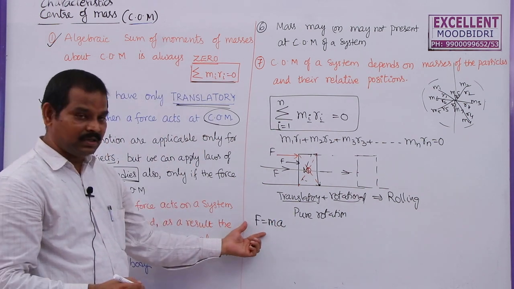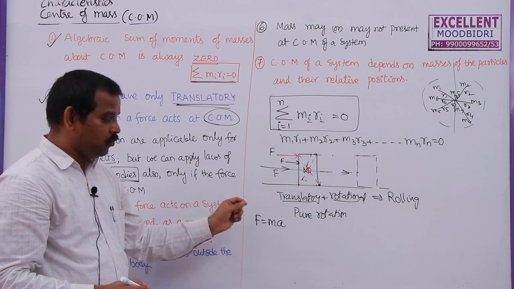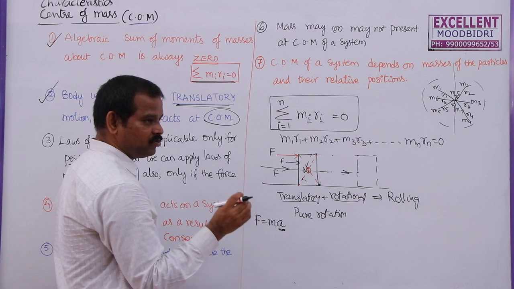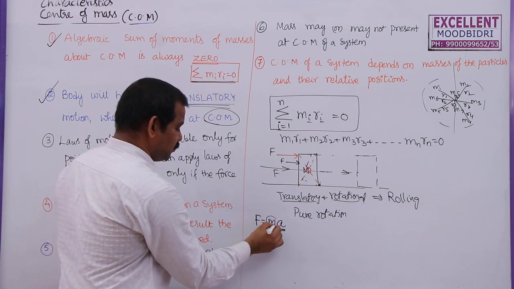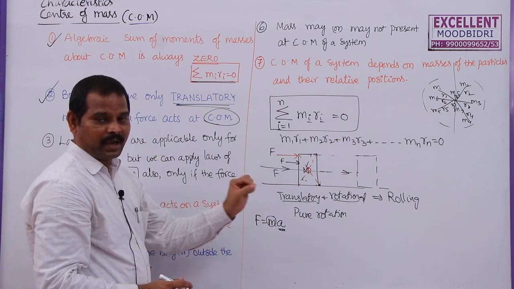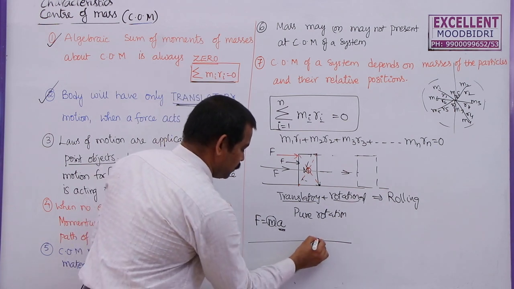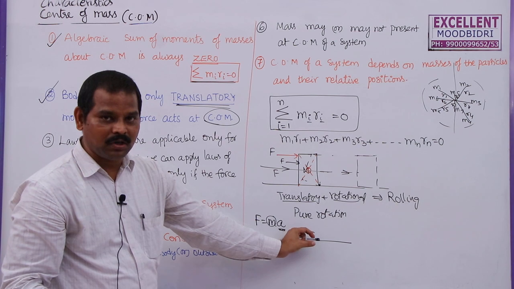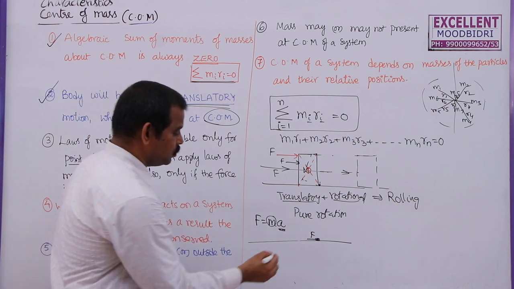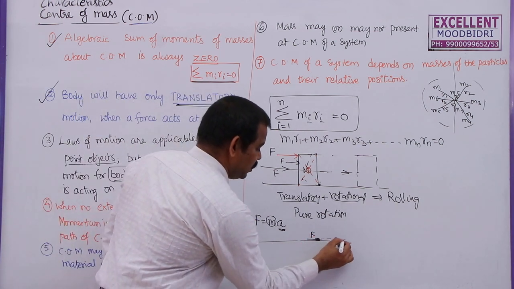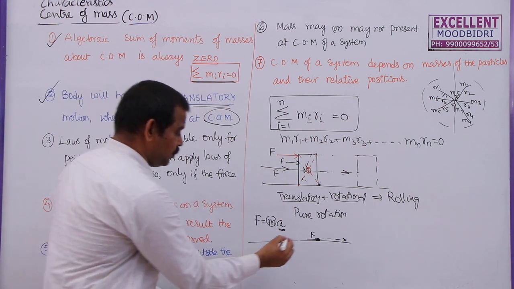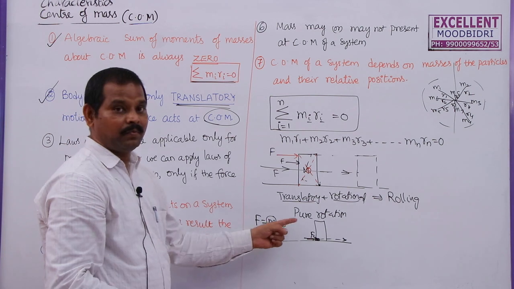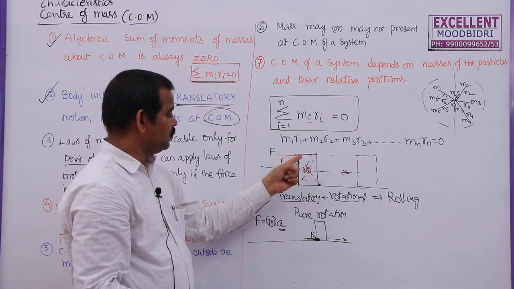This formula was derived by Newton to apply only for point-sized masses, where a is the acceleration of the particle, m is the mass of the particle, and F is the force acting on this particle. So this is a particle when a force F acts on it. As the size of this body is much smaller, it always gets a linear motion. But if it is a bigger body and the force is acting at this point, then the body will not have translatory motion, as we discussed here.